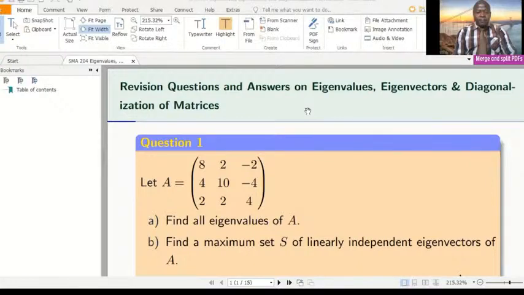The other way is lambda cubed minus lambda squared multiplied by the trace of A, and then add lambda multiplied by the cofactor of the element in row 1, column 1, plus the cofactor of the element in row 2, column 2, plus the cofactor of the element in row 3, column 3.